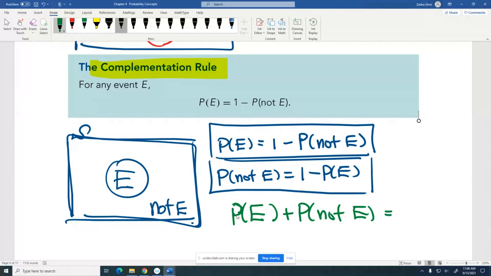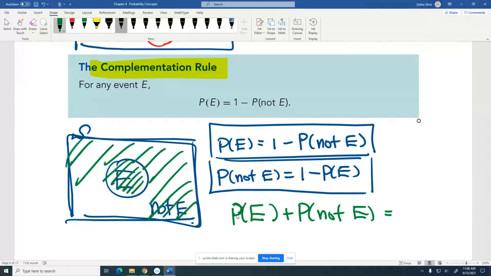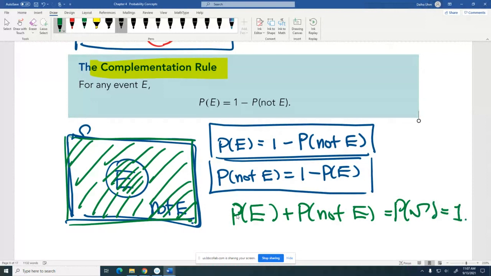Yes, it will be S. E and not E together will be the sample space, and the probability of the sample space is 100%. Okay, let me ask you: between E and not E, are they mutually exclusive?